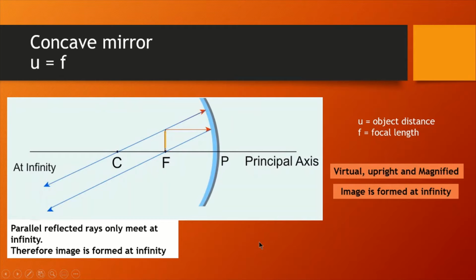Now, if we bring the object even nearer to the mirror and place it at F, same as before, we draw ray P, so the mirror reflects it through F. Since the object is at F, we can't draw ray F, so we draw ray C. The ray passes through C and then touches the object, so it is reflected back the same way it comes from.